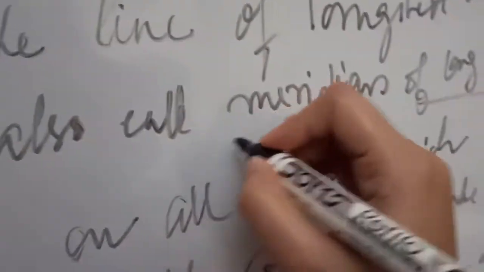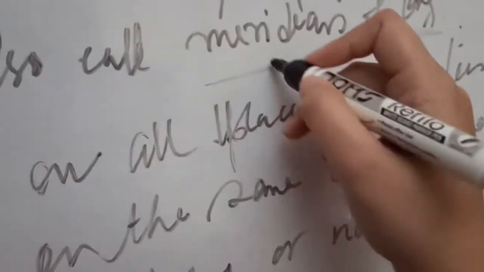That is why longitudes are also known as meridians of longitude. The word meridian is derived from a Latin word which means midday.